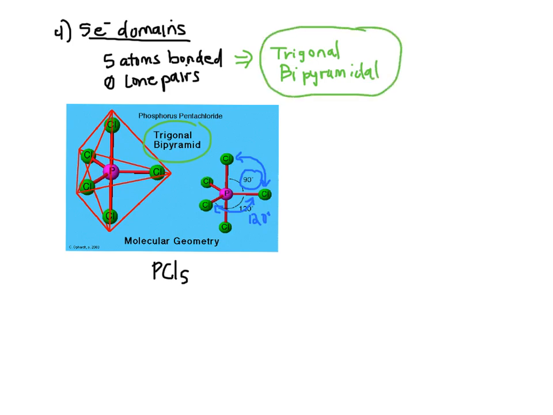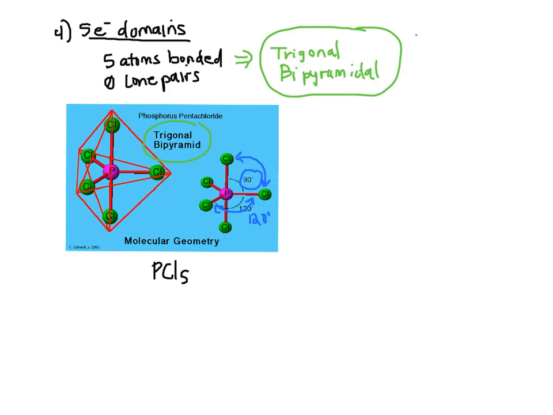There you go. Now, you may have noticed that your central atom in a trigonal bipyramidal, or something with 5 electron domains, would have 2, 4, 6, 8, 10 electrons surrounding your central atom.